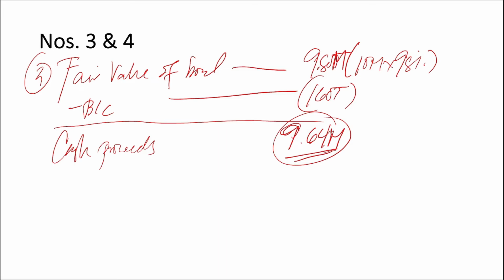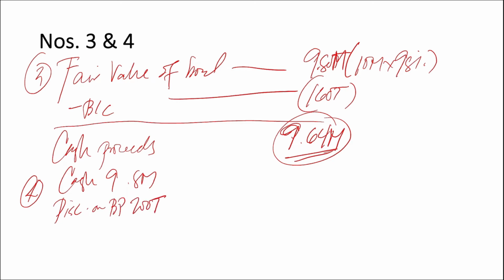Then number 4, entry: debit cash, 9.8 million, debit discount on bonds payable, 200, credit bonds payable, 10 million. Then for your bond issue cost, debit discount on bonds payable, 160, credit cash, 160.